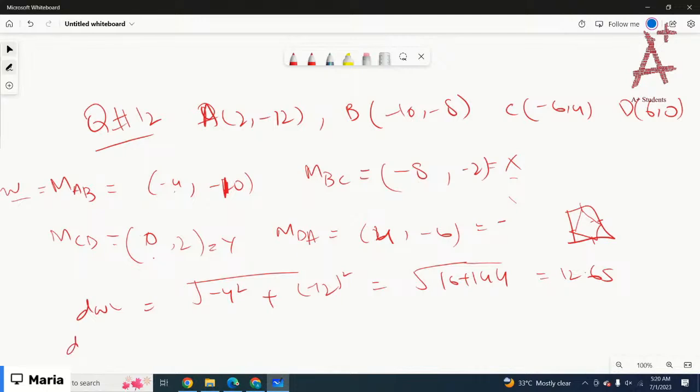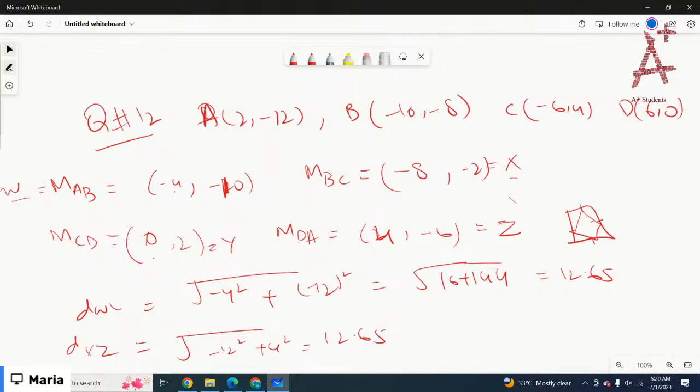And the other distance is XZ. Negative 8 minus 4 is negative 12 squared, and negative 2 minus negative 6 is 4, plus 4 squared. That is exactly the same, 12.65.